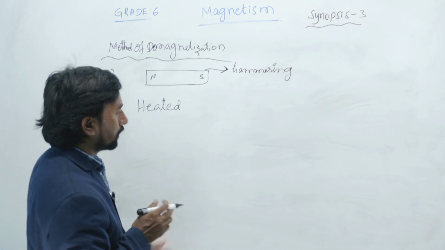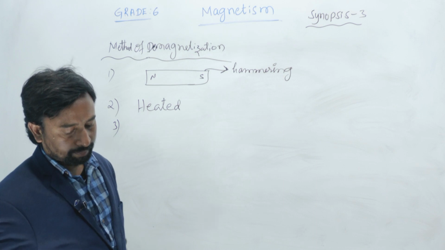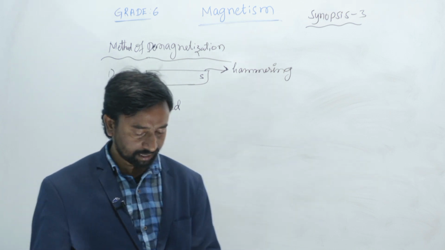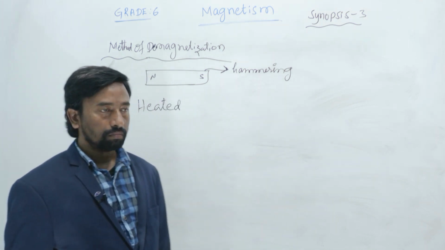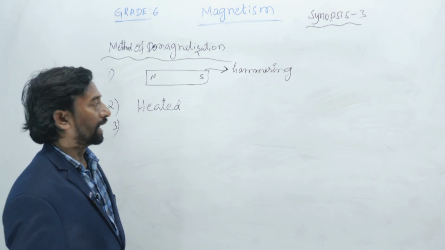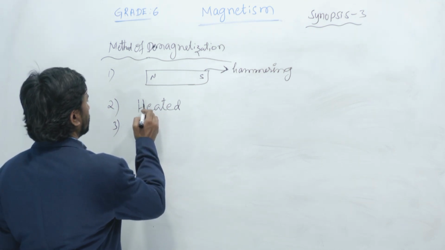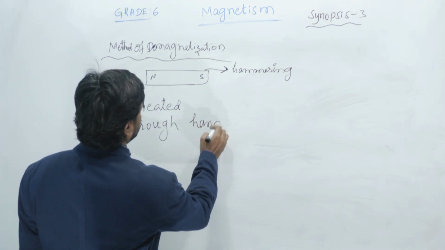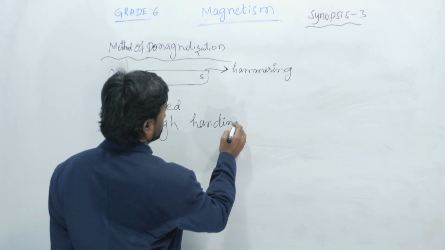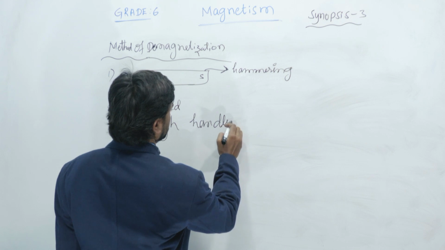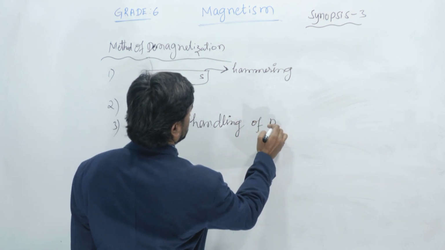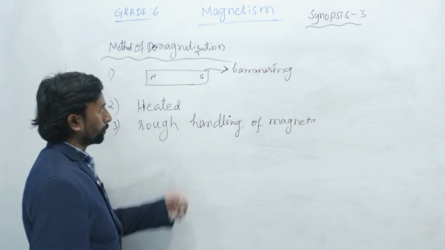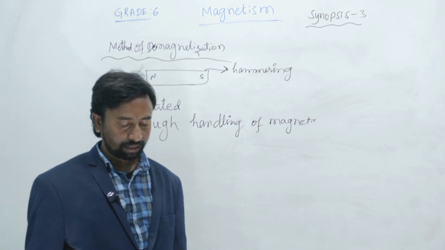Then rubbing: due to the rubbing of this magnet on the floor or other material, the friction also makes the magnetic property lost. Then rough handling: if magnets are used vigorously, the magnetic property will be lost. It can be demagnetized.